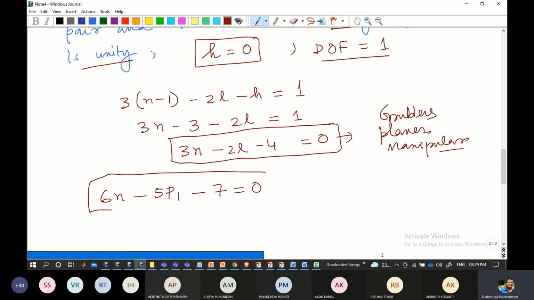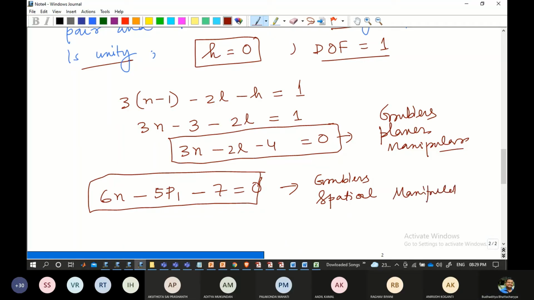You can just substitute over there, P2 to P5 all will be 0 because they are all higher pairs. Only the lower pair P1 will be present. So this is called Grubler's spatial manipulator criteria. Okay, so this is the crux of it.